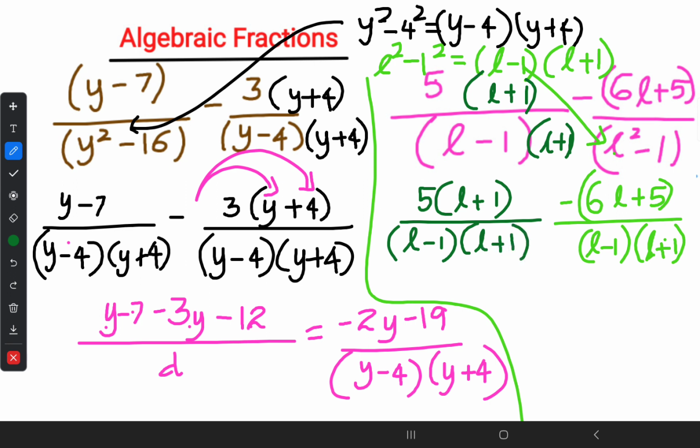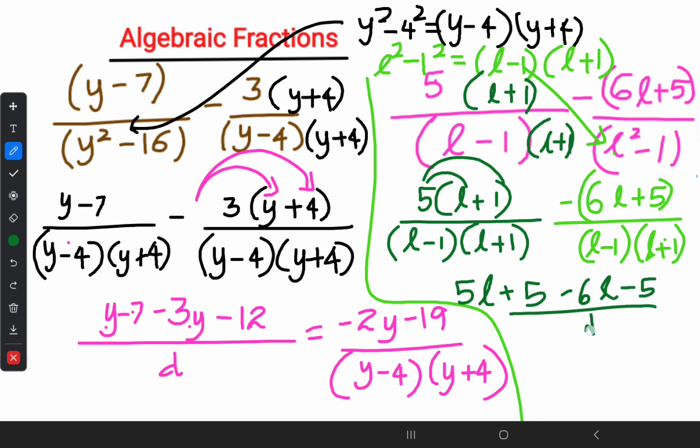Now let's expand the numerators. 5 times L will be 5L plus 5. Both 1 and L should be multiplied by 5. Thereafter we have a negative sign, so you should multiply both of the interior values by negative. Negative 6L, and negative times positive 5 is negative 5.